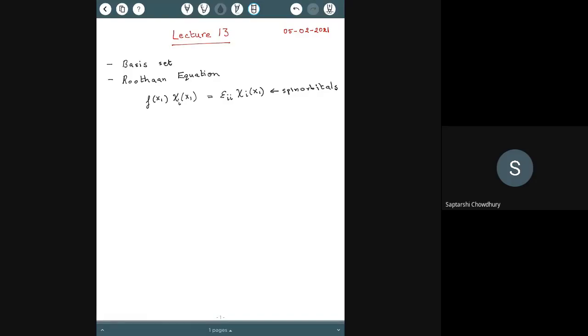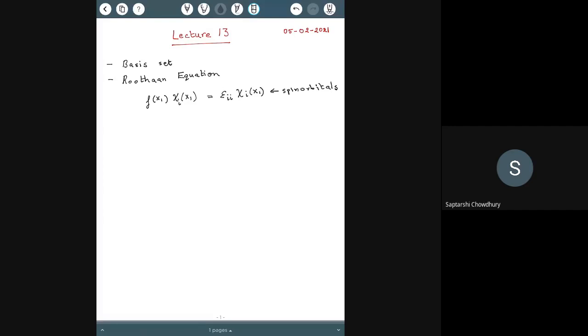So if you recall, yesterday we obtained the canonical Hartree-Fock equations in the spatial orbital basis. Yesterday we started with the spin orbital canonical Hartree-Fock equation, and we obtained the analogous spatial Hartree-Fock equation.